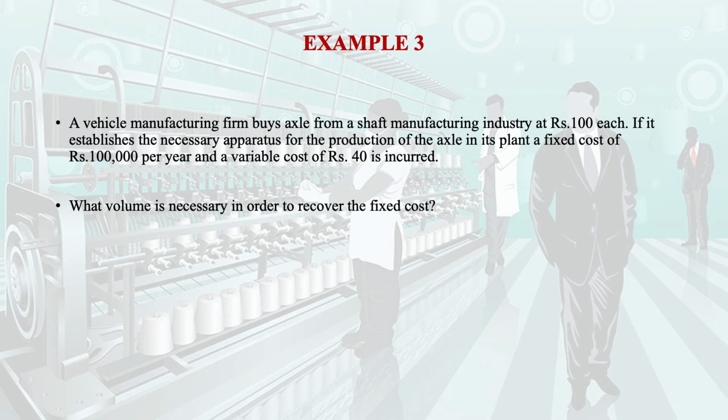Another example of break-even analysis: a vehicle manufacturing firm buys an axle from a shaft manufacturing industry at rupees 100 per item. If it establishes the necessary apparatus for production of the axle in its plant, the fixed cost is 1 lakh per year and a variable cost of rupees 40 is incurred.